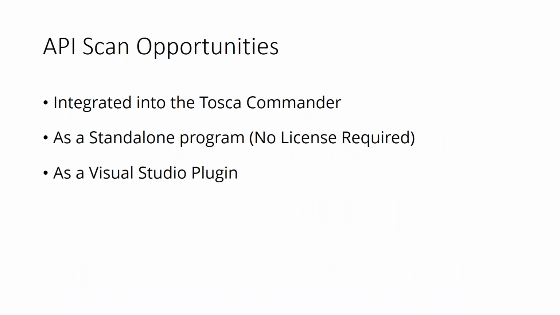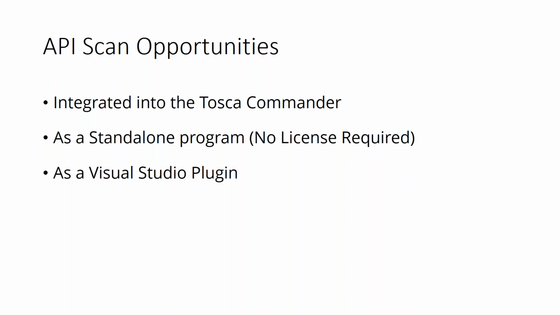You have three major opportunities to access the API scan. First, it's integrated into the Tosca Commander. So if you have Tosca 10.0 to 10.2, where it's optimized, the API scan is built into Tosca already, so you can access it right away from its own little tab.